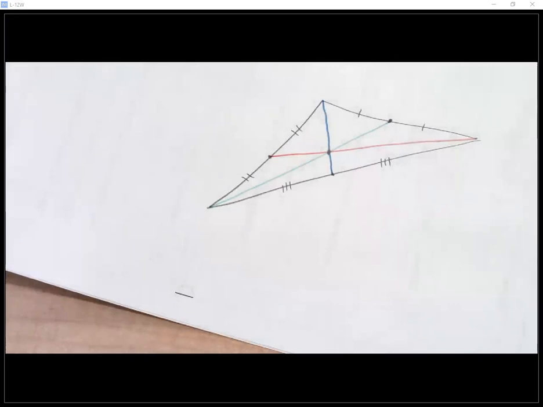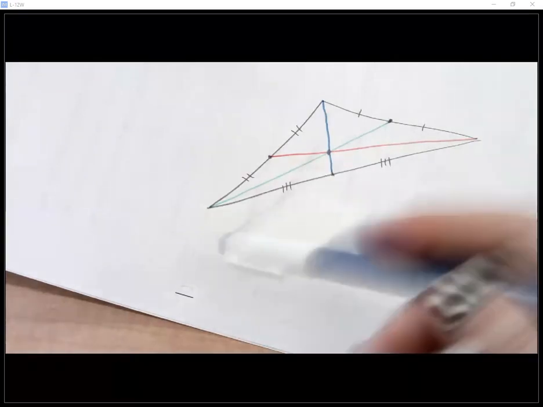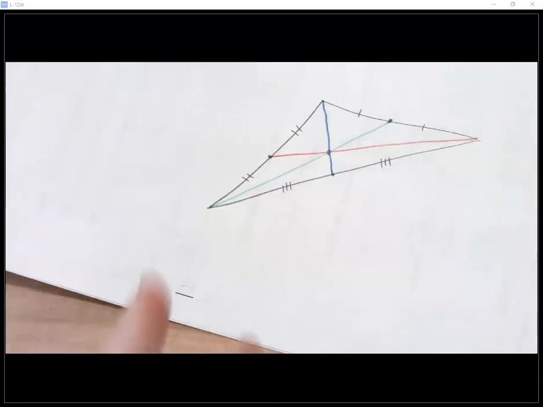Okay. Furthermore, let's say this was made out of wood or something, and I cut out this triangle, and I try to balance this triangle on the tip of my pen. If I put it on that point, it would balance perfectly. I know. That's wild. Thing number two.